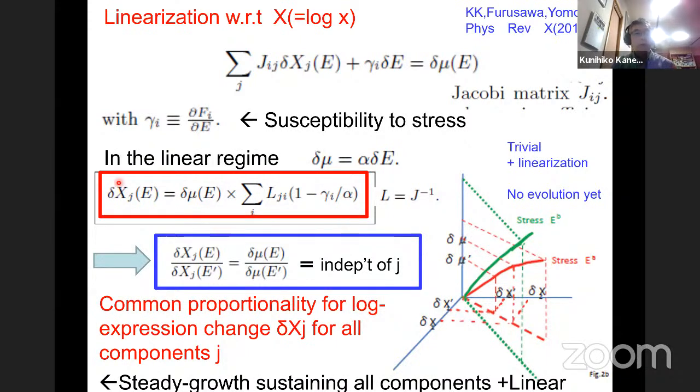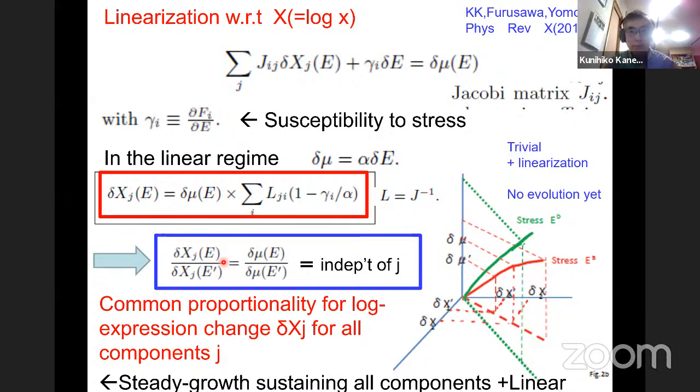So from this we can get this. That means the change in x_i or x_j by E and E prime is given by this, but this part is independent of each component. So the change by each strength across all components should be proportional. This is a kind of trivial consequence.